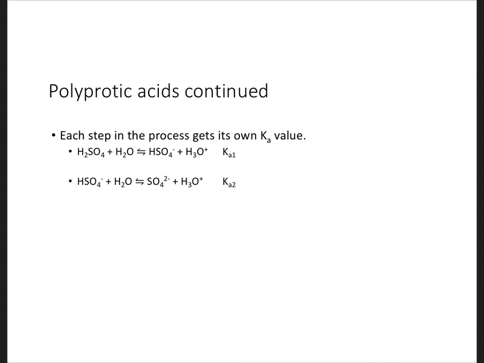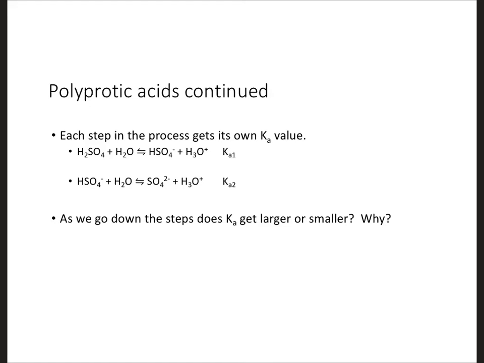We could then describe the second step and say the product from the first step, HSO4-, is going to be our starting material for that second step, and now there's going to be a different dissociation constant when this new molecule, HSO4-, loses its proton. So this inherently means that if we have 2 different Ka values, H2SO4 wants to give up its proton differently than HSO4-. These molecules don't give up their protons at the same rate or in the same proportion.